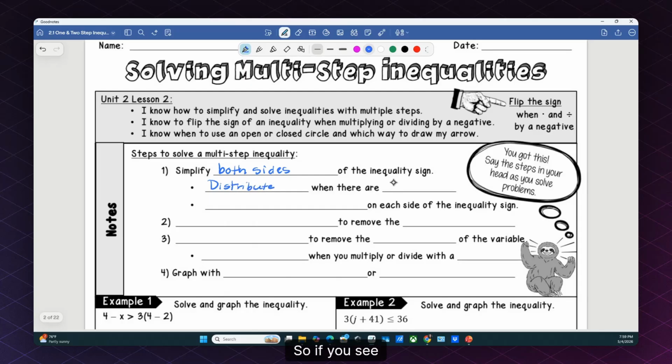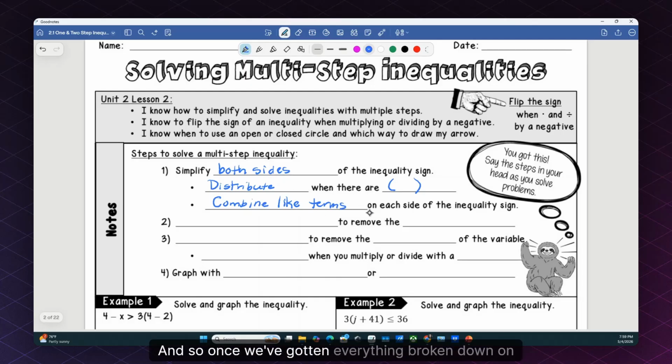So if you see parentheses, you need to distribute. The second part is going to be once you have done distribution, if there is distribution present, you need to combine like terms on each side of the inequality sign.